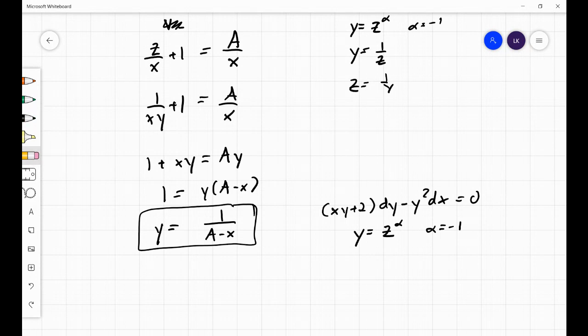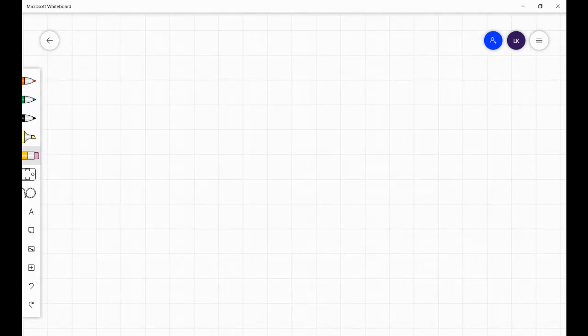So the next example I want to try is just a quick review of Bernoulli. First order differential equation.